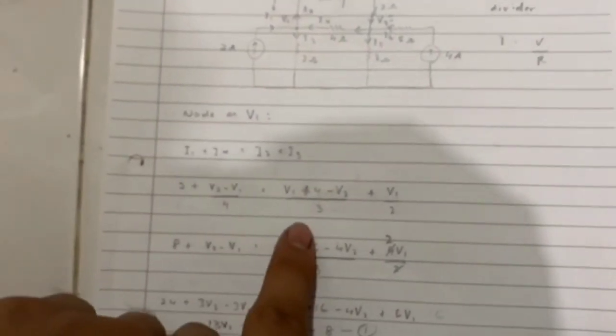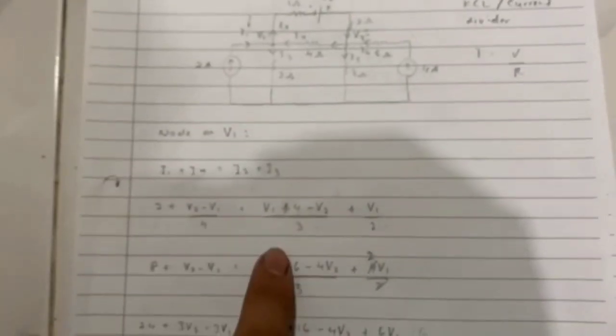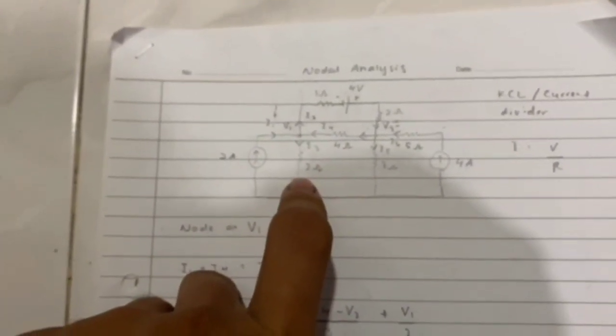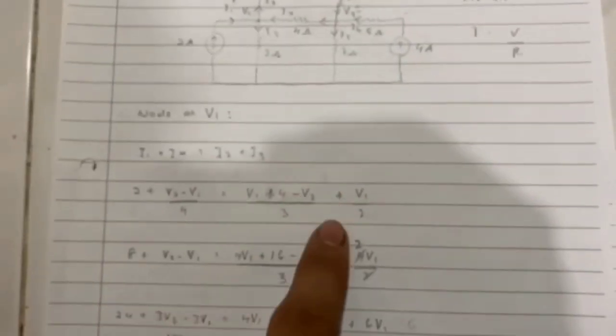In a series circuit, the resistors are connected to each other, so we add 1 ohm and 2 ohm and get 3 ohm. And lastly, the current flowing out from V1 goes below, so we get V1 over 2.